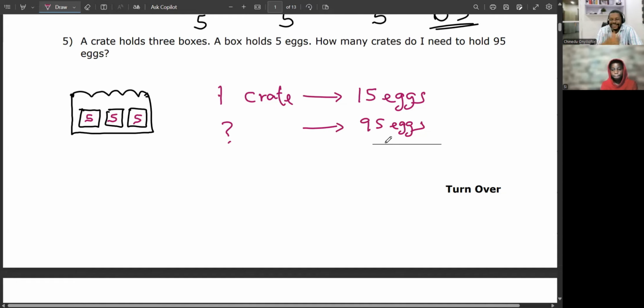No. If one crate can hold 15 eggs, how many crates can hold 95 eggs? You have to do 15 divided by 95. Correct. It's definitely going to do 95 divided by what? 15. All right, go ahead.